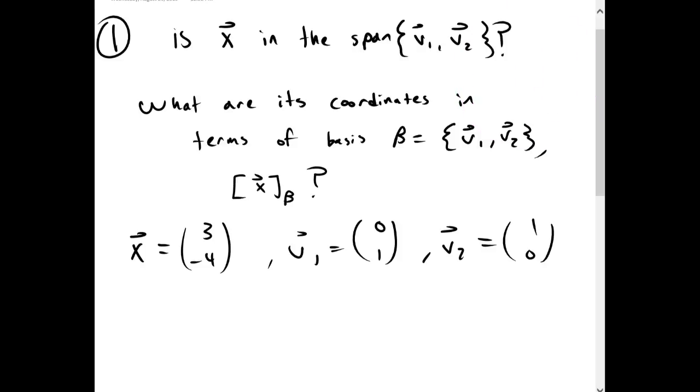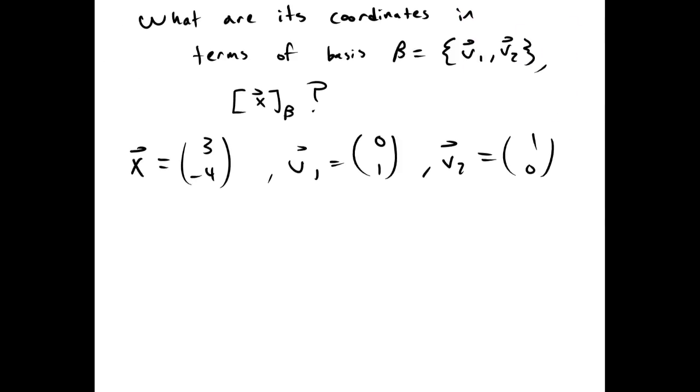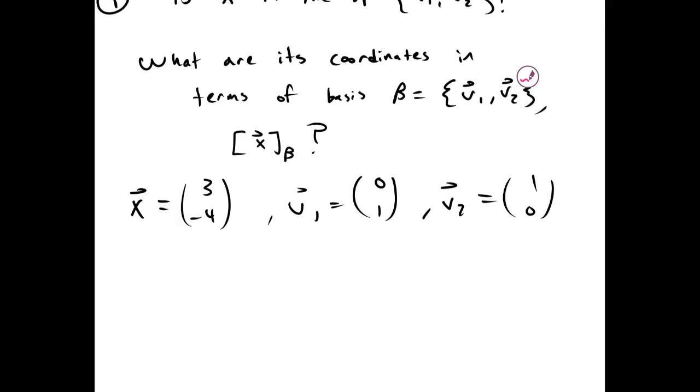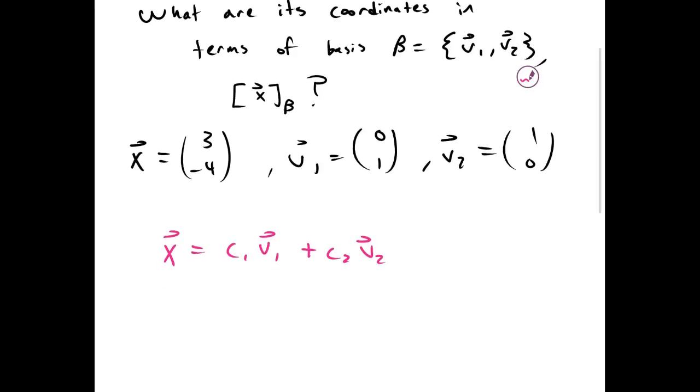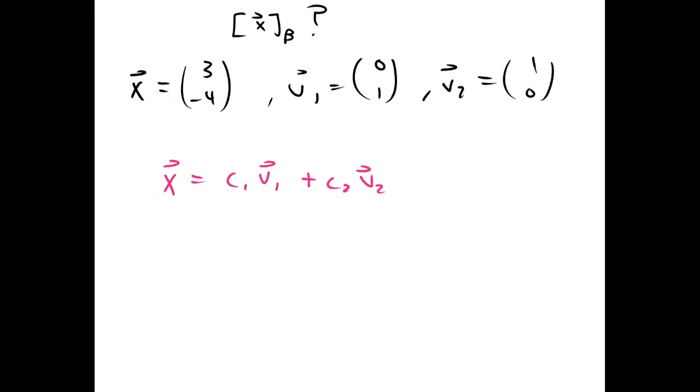So, if x is in the span of v1 and v2, then there must exist constants c1 and c2 such that x equals c1 v1 plus c2 v2. This is just saying that x is a linear combination of v1 and v2.